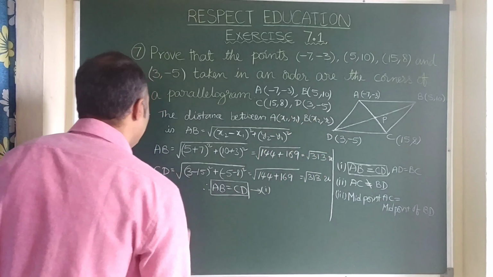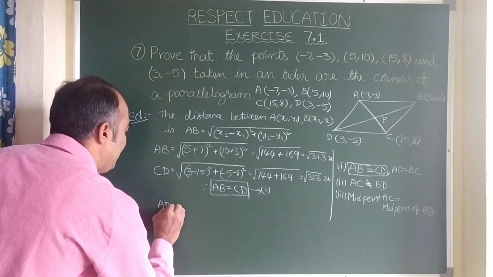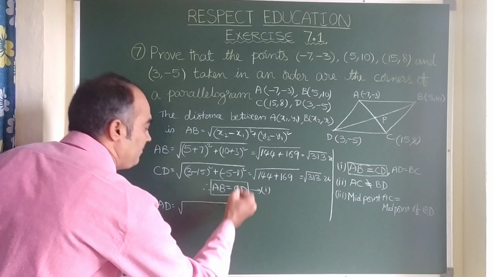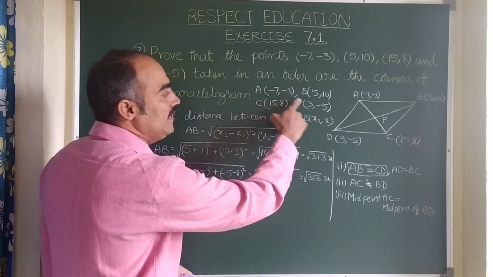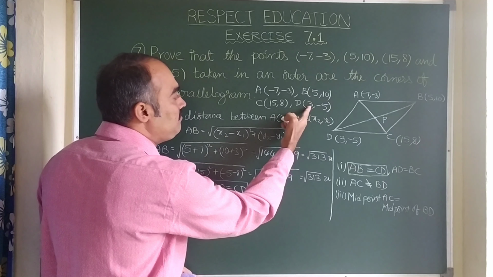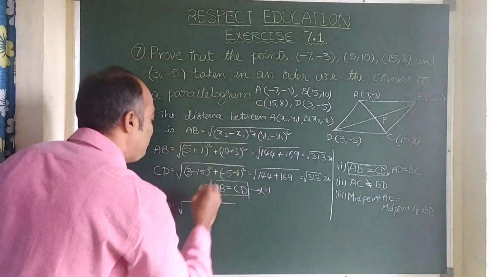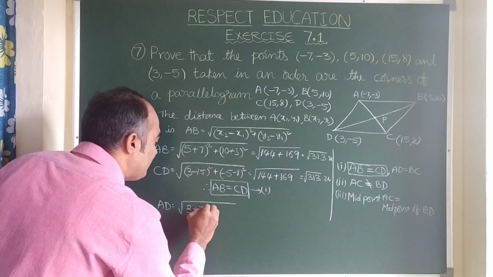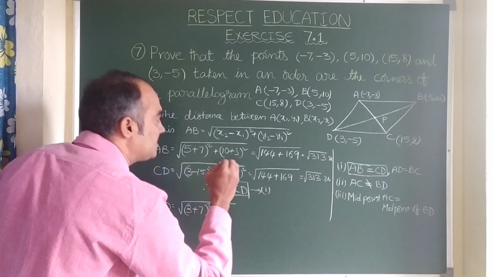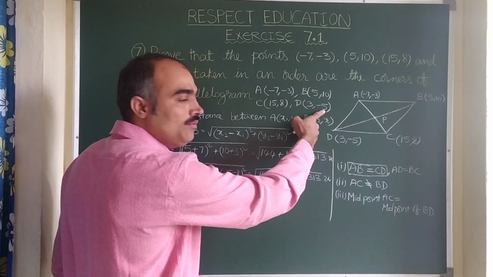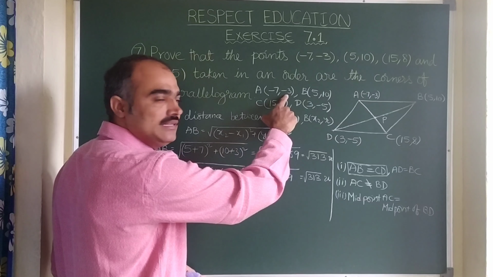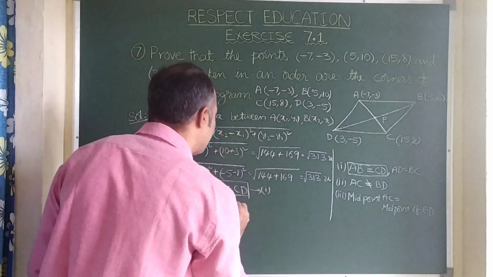Then B and C. First, I am finding AD. See, A here, D here. Again the same: 3 minus of minus 7, so 3 plus 7 whole square, plus minus 5 minus of minus 3, so minus 5 plus 3 whole square.